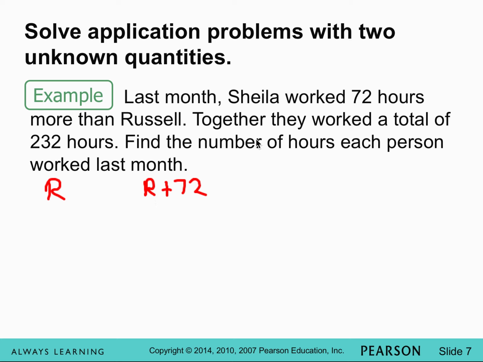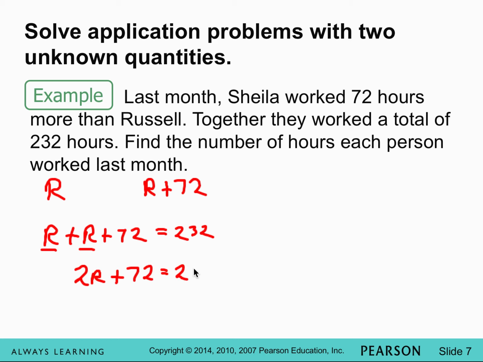Together, they worked a total. That means I'm going to add these things. So R plus R plus 72, that's Russell plus Sheila. They worked 232 hours. There's my equation. So I've got some terms I can combine. 2R plus 72 equals 232.